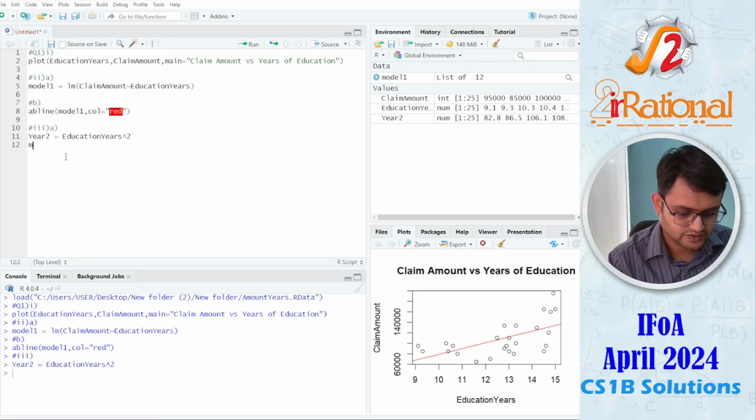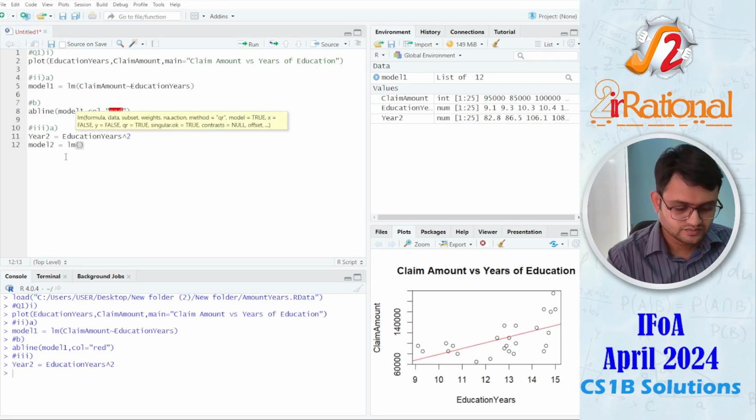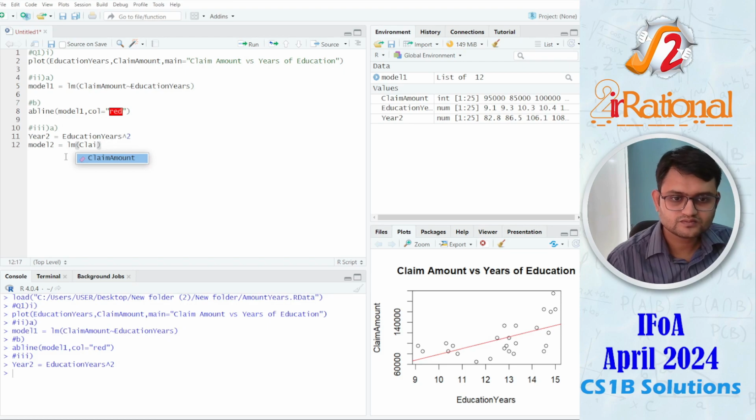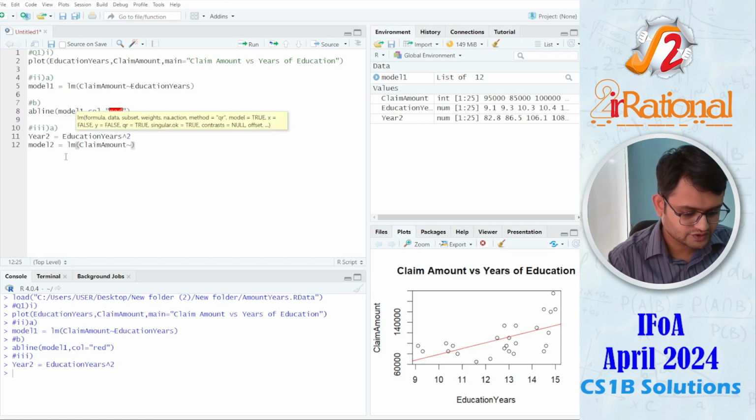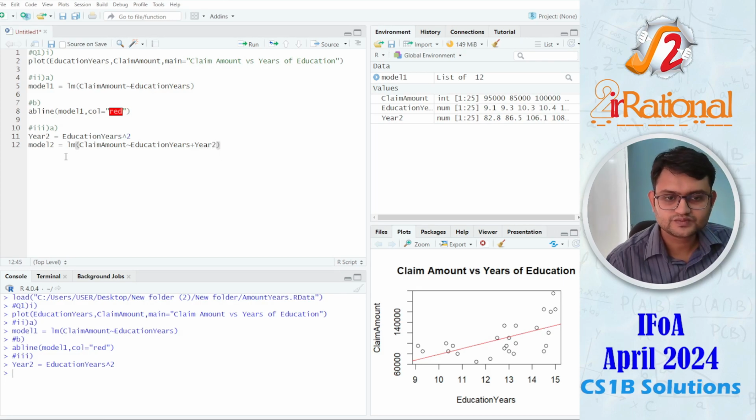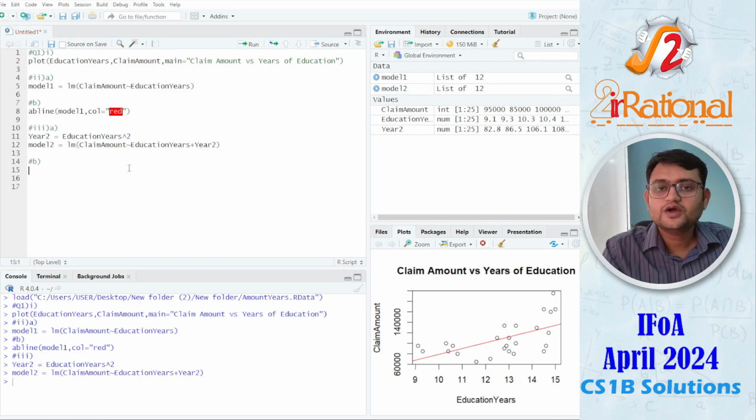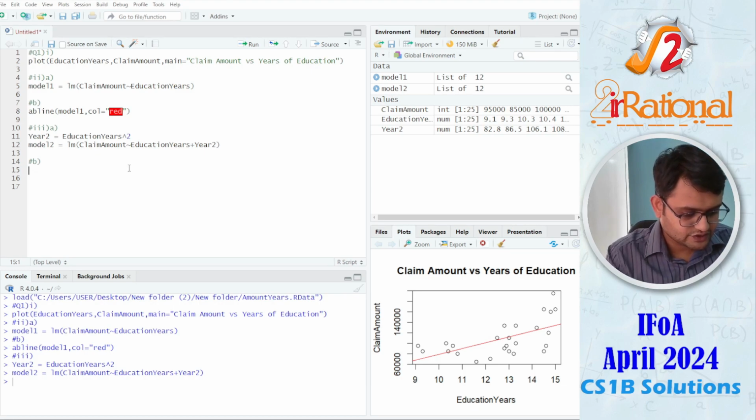3A, so it's model 2, the linear model. Claim amount follows education years plus year 2. We have to write the regression line, so for that we will require the coefficients.